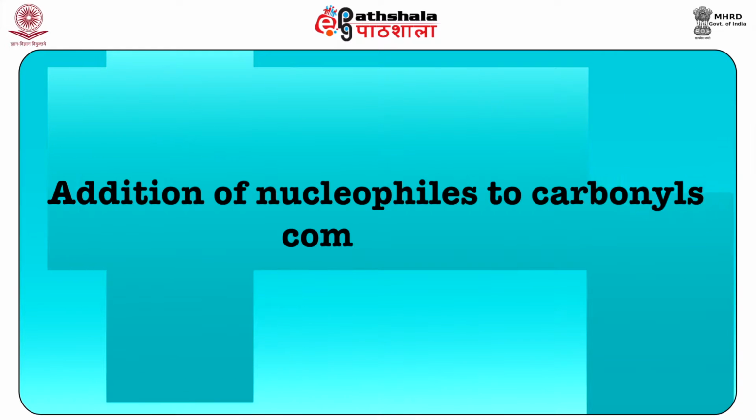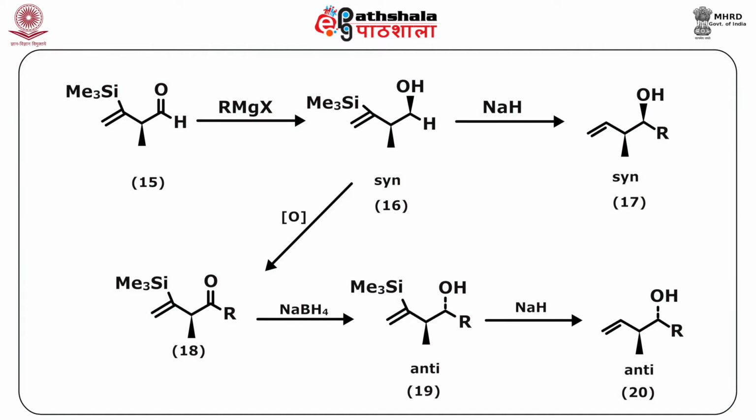Addition of nucleophiles to carbonyl compounds. Addition of nucleophiles to carbonyls is one of the most common methods to generate a new carbon-carbon bond. Sato et al. in 1984 achieved a high diastereoselectivity in Grignard reactions and hydride addition with substrate number 15, which does not contain a chelating group but has a bulky trimethylsilyl moiety as a part of the ligand group.